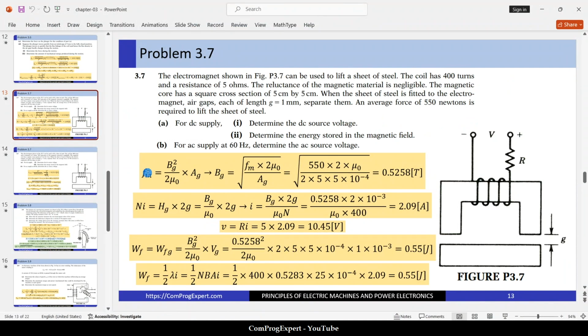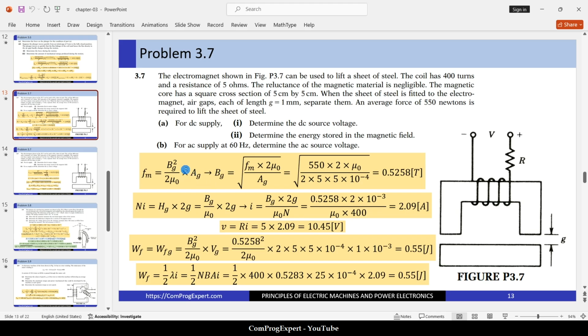The lifting force is equal to B gap to the power 2 divided by 2 times mu 0. This is the value of the force density times the cross section area.